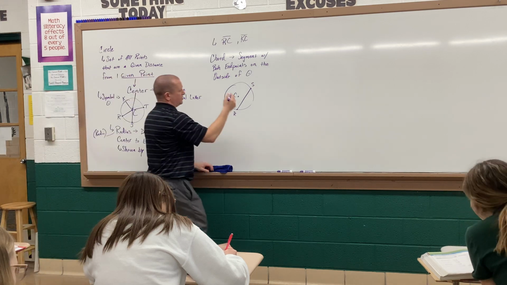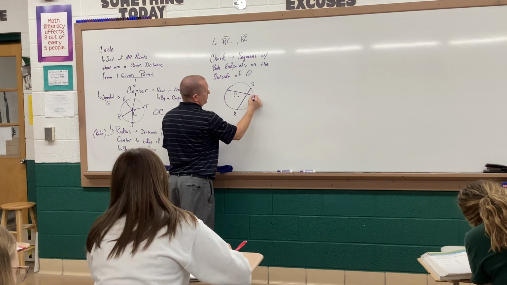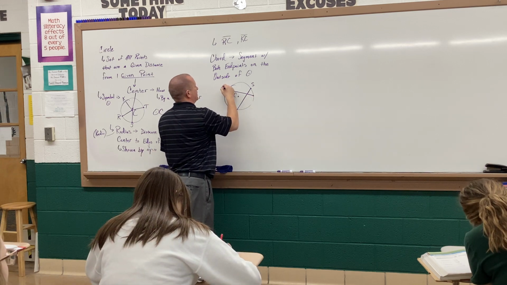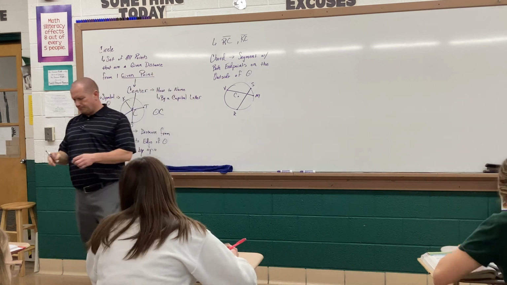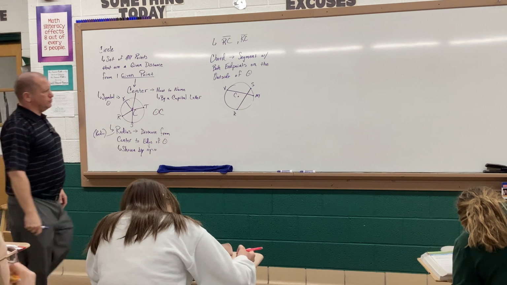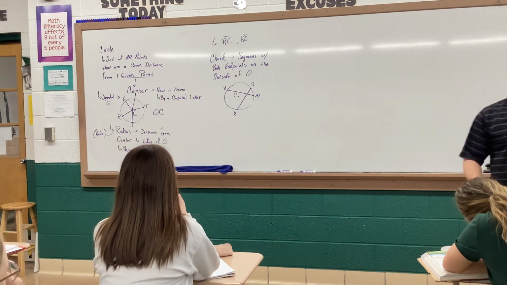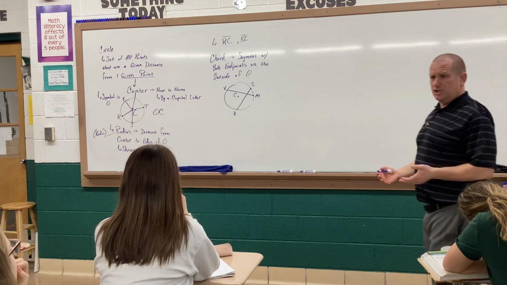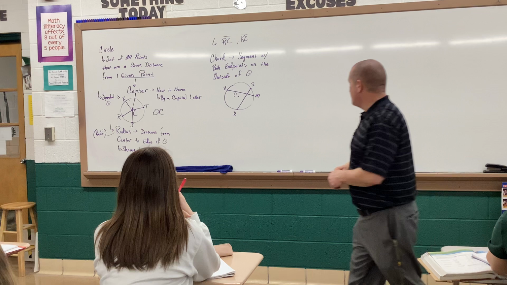They can intersect. So this is where things start to get complicated, because there's going to be certain rules and certain things that tell you what special chords are and what their relationships are. Okay? That's the complicated part of all this.